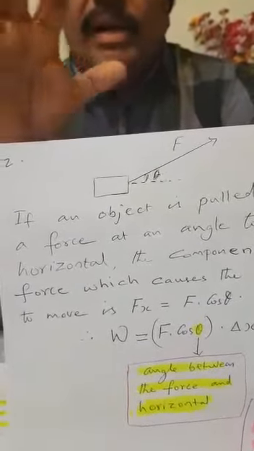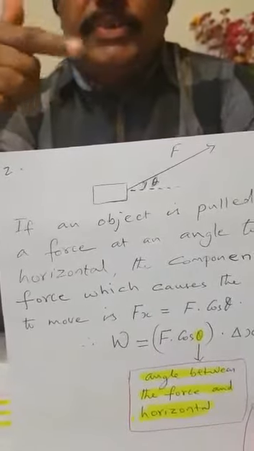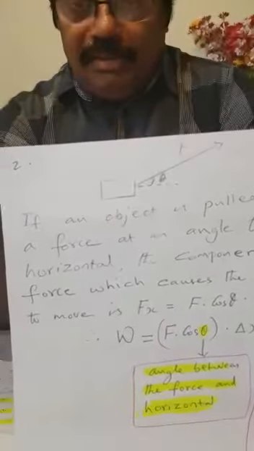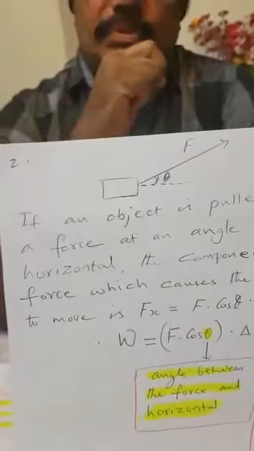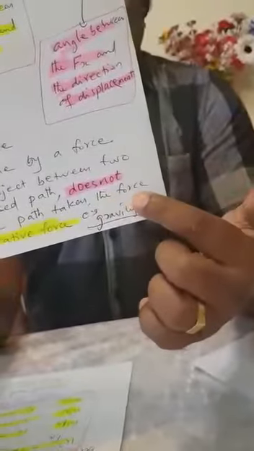If the work done by a force does not depend on the path taken, then that is a conservative force. An example is gravity. Gravity is a conservative force.